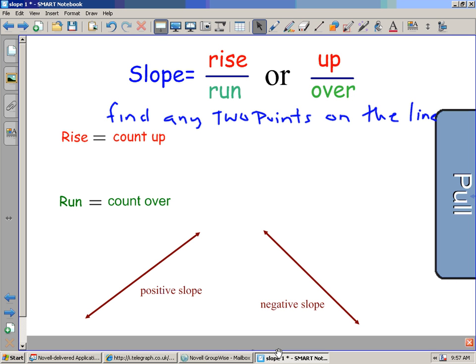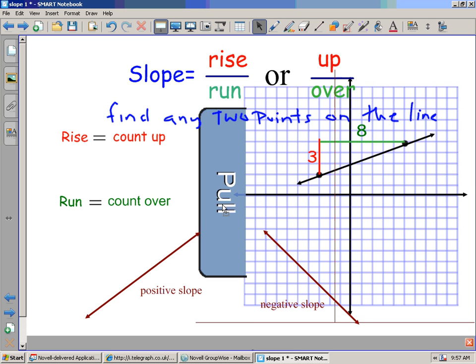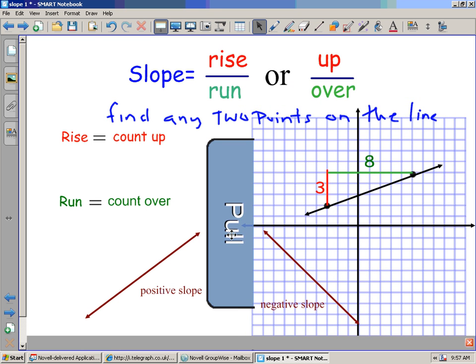So remember, if we find any 2 points, we're just looking at one and saying, how far would I have to count up and over to get to the other point? For example, if I look at this example, they use these 2 points right here and here. If I go from this point up to this point, I simply count up how many squares: 1, 2, 3, then over 1, 2, 3, 4, 5, 6, 7, 8 squares over.